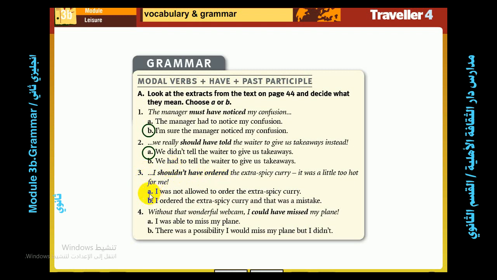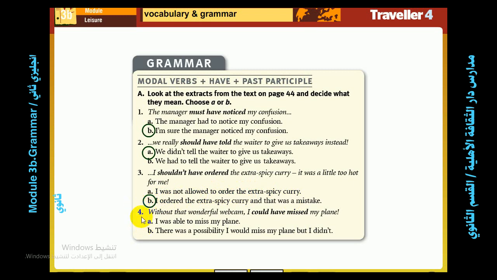A, I was not allowed to order the extra spicy curry. B, I ordered the extra spicy curry and that was a mistake. It was stupid of me to do so. So the answer is B.